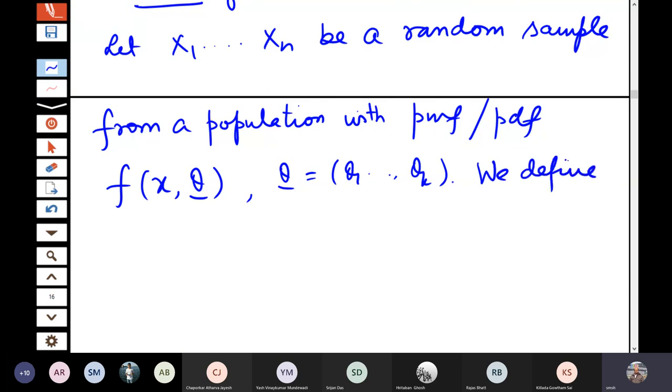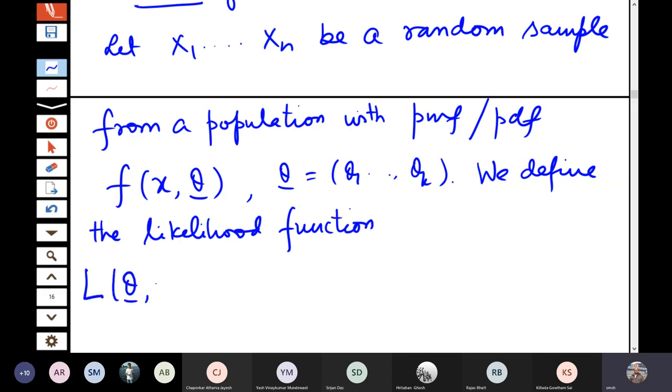We define the likelihood function L(theta, x) as the joint distribution of x1, x2, xn, either the probability mass function or the density function. Of course, I am not considering the possibility of the mixed thing here, because if you consider that, then it will become more complicated. So it is written directly as the product of the distributions of x1, x2, xn, the joint distribution. This we call the likelihood function.